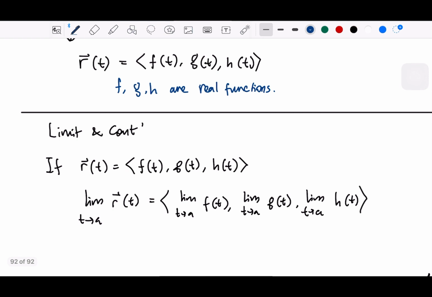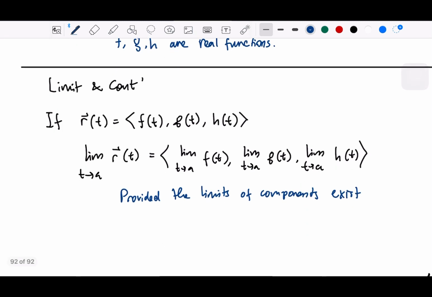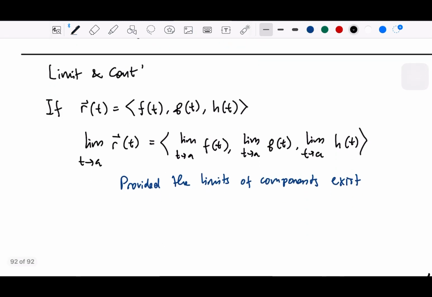And also we need to make sure, provided the limits of components exist. And continuity is the same.